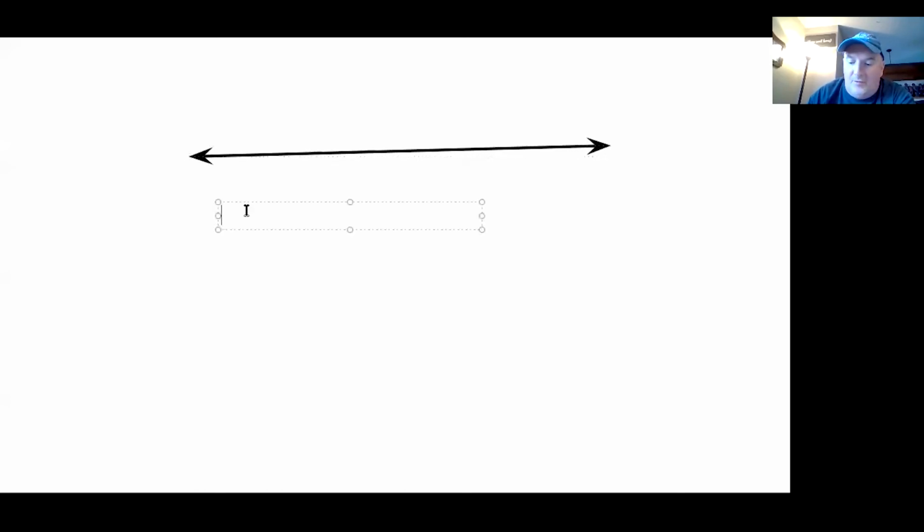You have 46 questions that you have to do on the test. 41 of them, you get to use a calculator. 5 of them, you do not. So these are the type of questions that you need to be able to do without using a calculator.